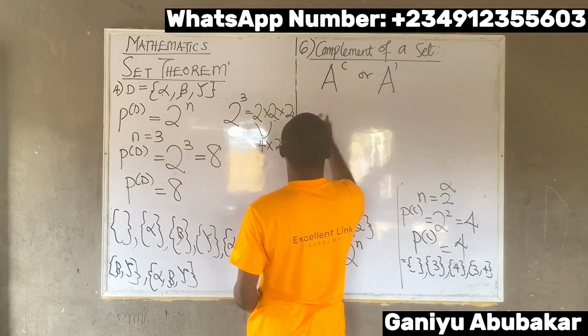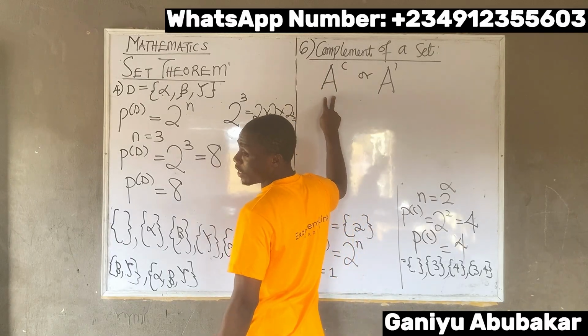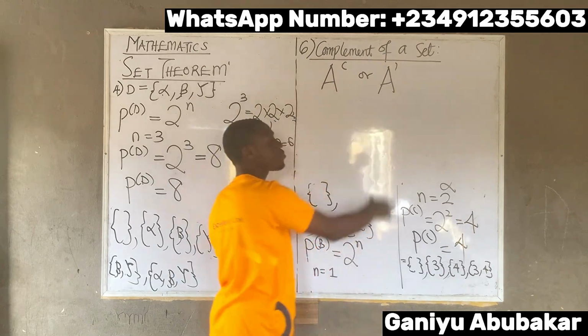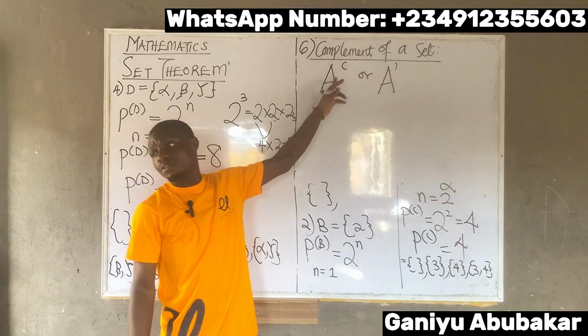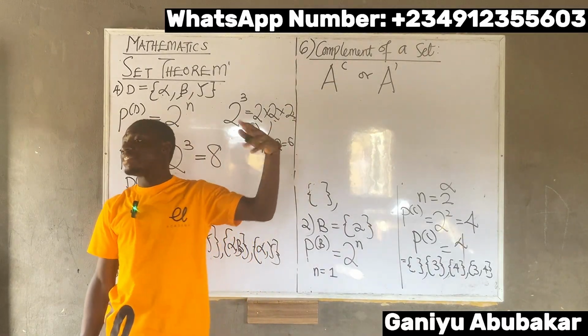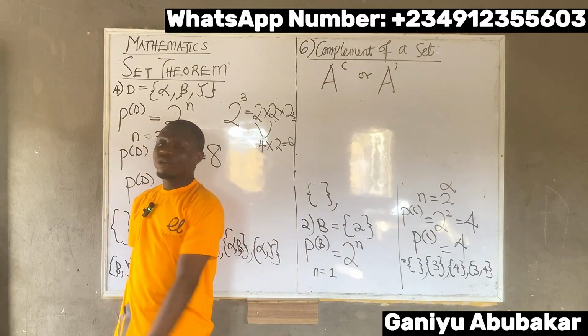Those are the two symbols. So if I see this, it means complement of set A.